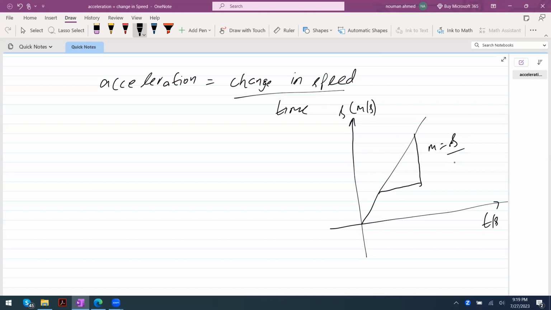When you are finding the gradient, you are actually finding change in speed over time. So we can say that gradient of speed time graph gives acceleration. Is it clear? Can we move on? Oh, yes, sir.